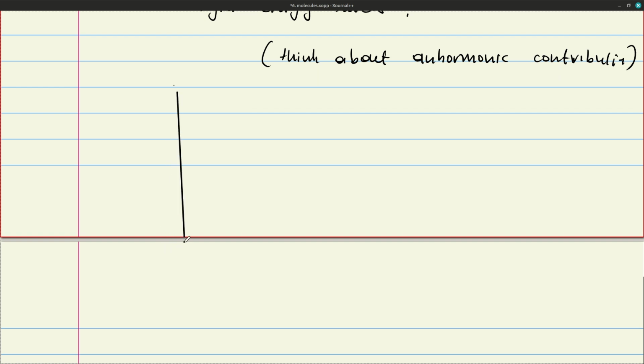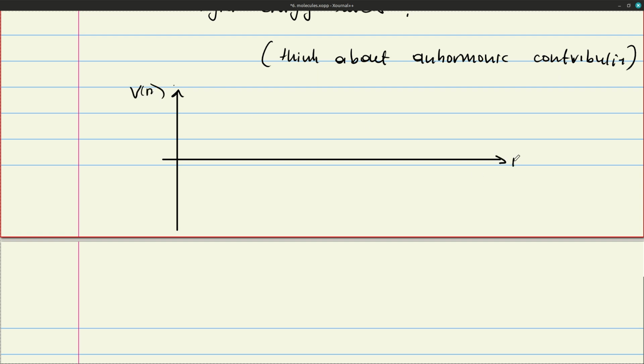Let me draw it like this. Hopefully you can see. So this is V of R, this is R, and we have this level due to ground state.